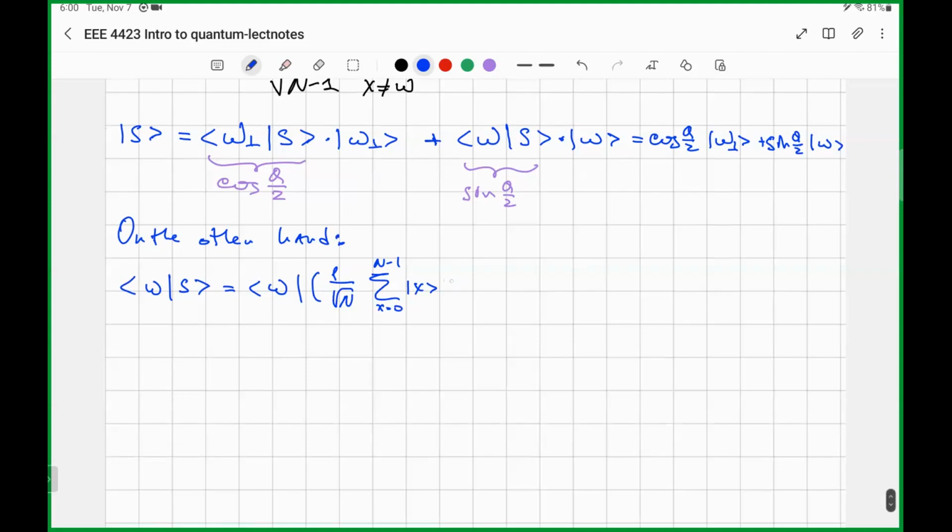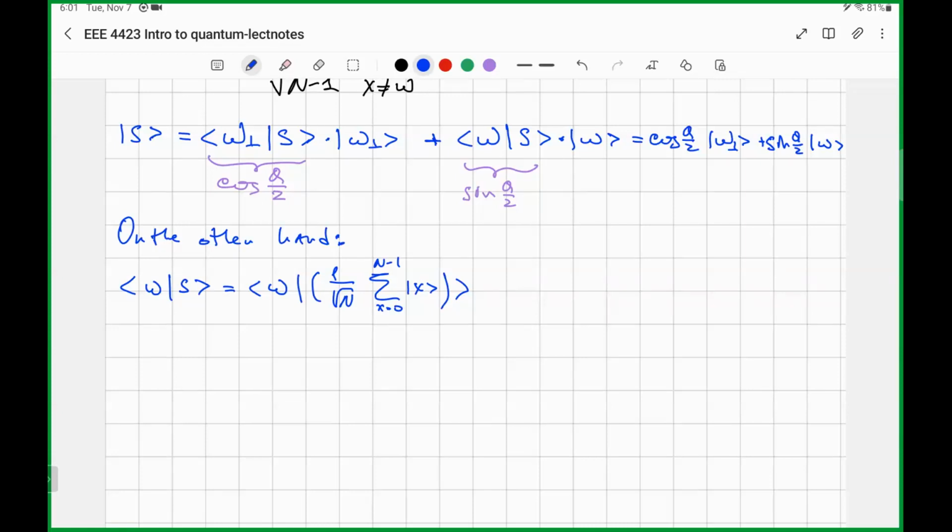Okay. So state omega is one particular state in the basis denoted by x. So x here denotes all possible states. State omega is just one particular state.